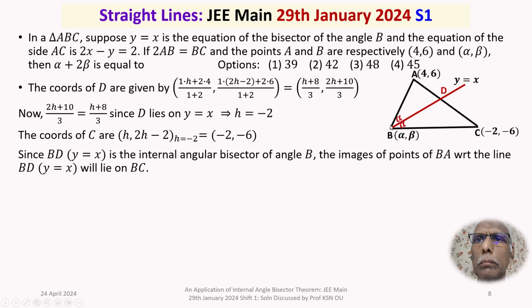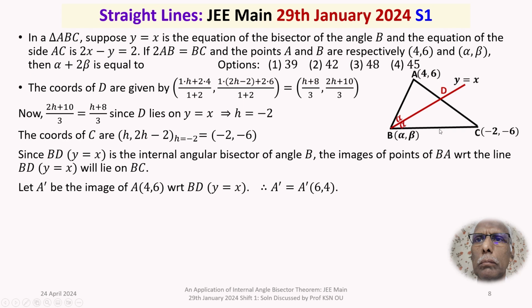Now, because 2 times AB is equal to BC, you can see the image of A in the line y is equal to x is some point on BC. Let's call that point A prime. Let A prime be the image of A, whose coordinates are 4, 6, with respect to the line y is equal to x.